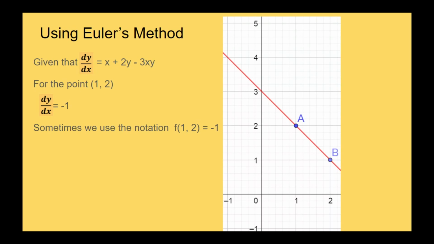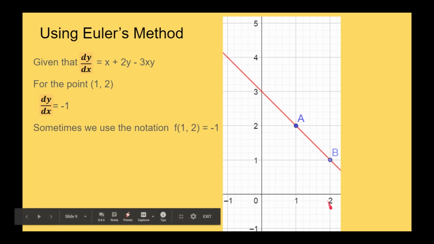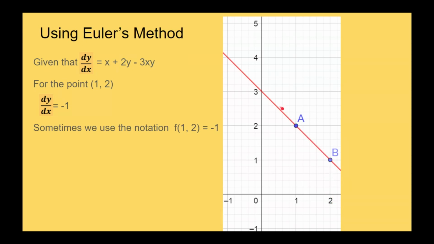Now, we can approximate our point for x equals 2 by saying where on the tangent will that be when x is 2. And we've got an approximation for it, even though we don't know what the curve is like. Now, this isn't quite Euler's method yet, but it's just showing you what we can do.